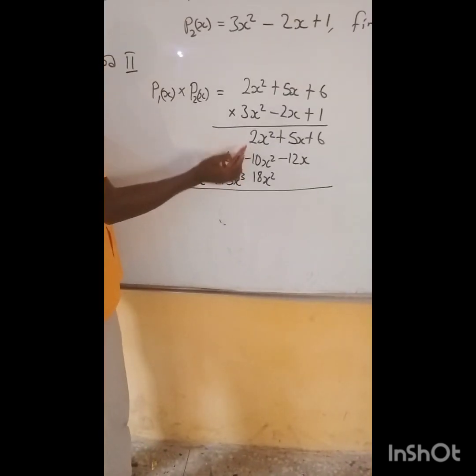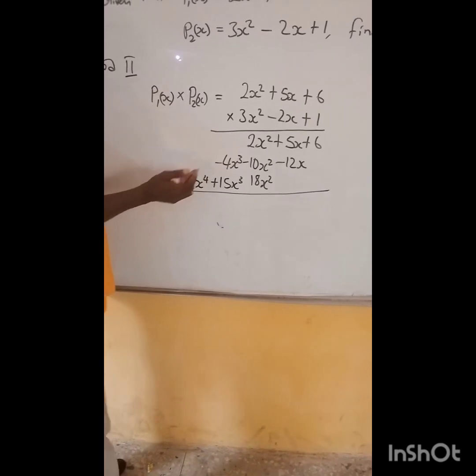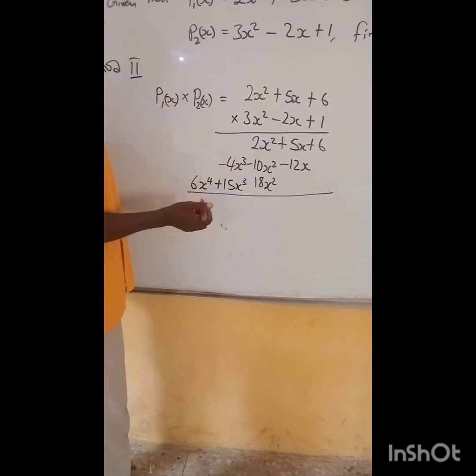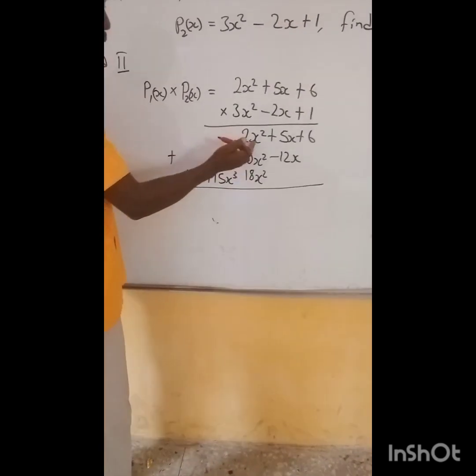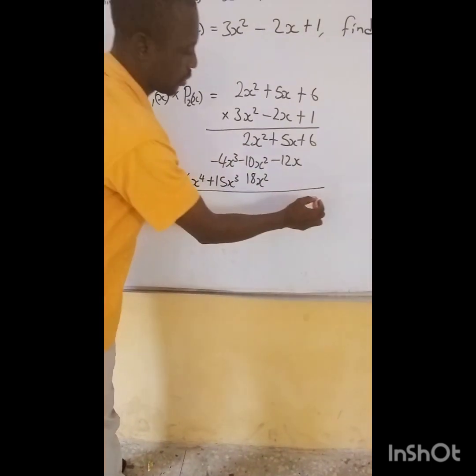Having multiplied each element by each element of P2, we will now add the 3 different results.